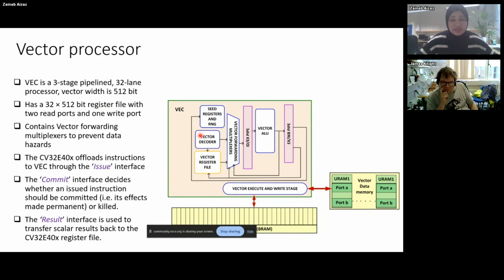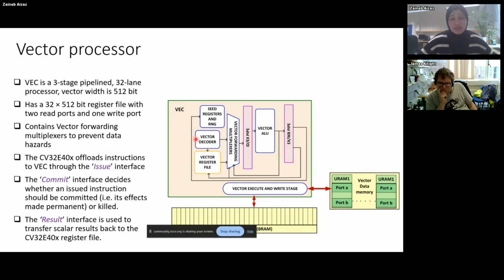The vector width here is 512 bits, that means the full vector is 512 bits, and there are 32 lanes. Each lane has a 16-bit operand on which you can perform any operation, so the 32 lanes work and execute in parallel. The register file, of course, is 32 deep and 512 bits wide, having 2 read ports and 1 write port.